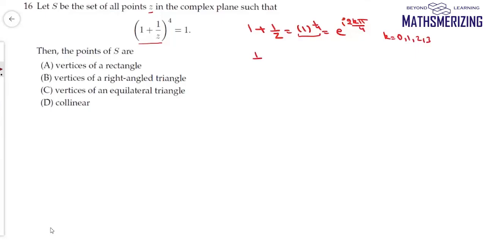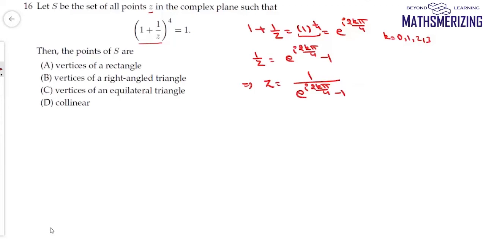So now I can write 1 upon Z as e to the power iota 2k pi by 4 minus 1, and then if I take the reciprocal, I can write Z as 1 upon (e to the power iota 2k pi by 4 minus 1).